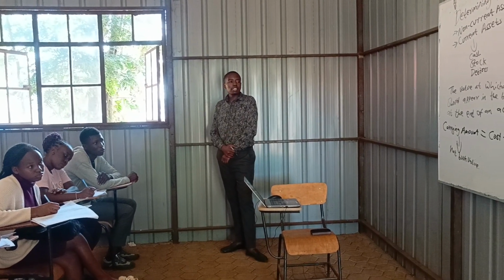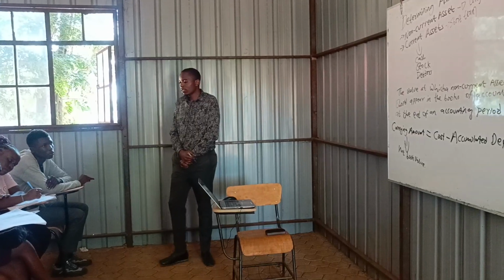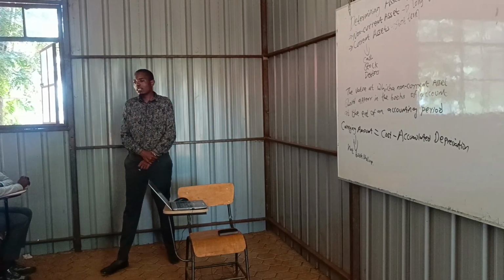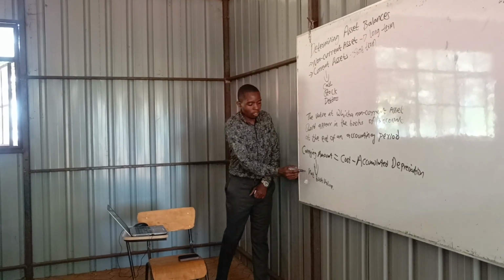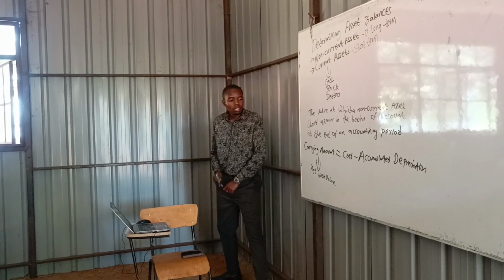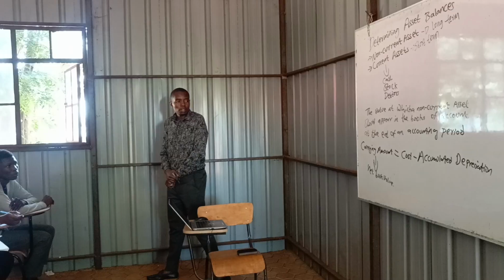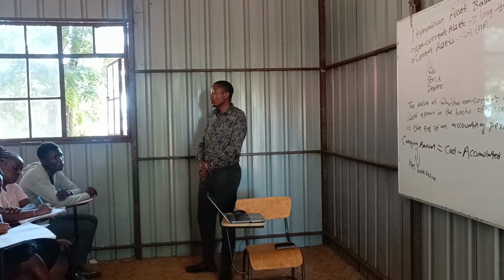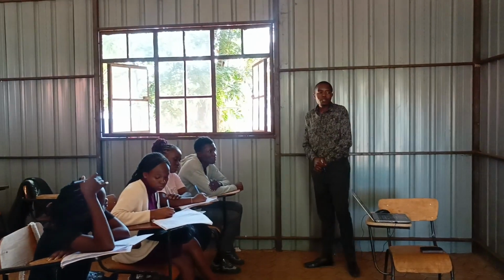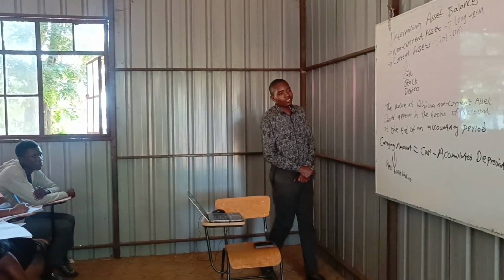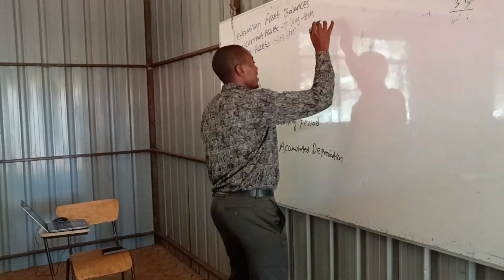Now, when our year is ending on 30th June, we need to know what is the net book value of this phone. So, we take the cost. Maybe he purchased the phone at 55,000.